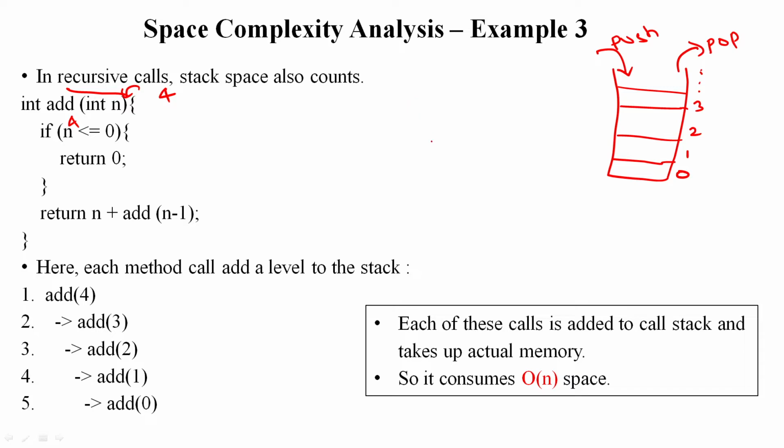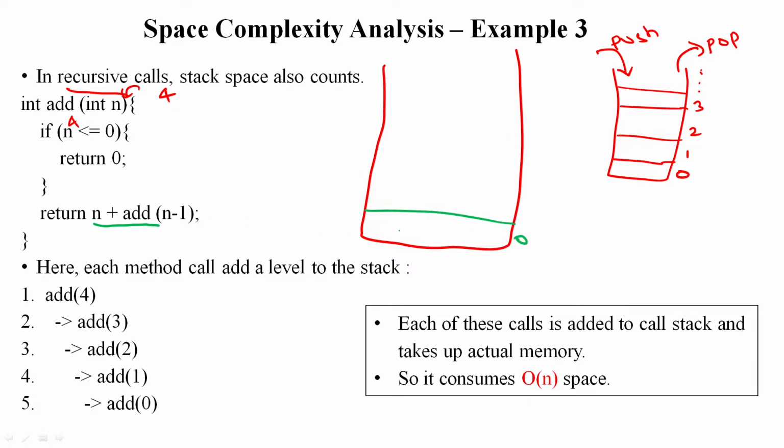For example, if I am having the stack like this, it will enter the first statement. So n, 4 less than or equal to 0. So now this will get into the 0th memory location, 4 plus add of 4 minus 1, 3.